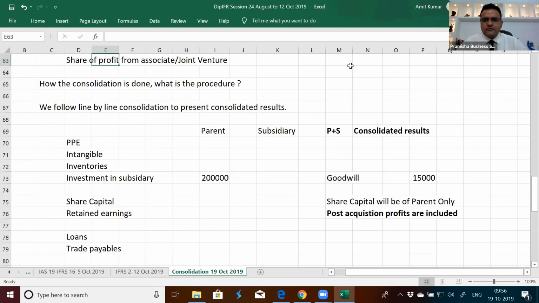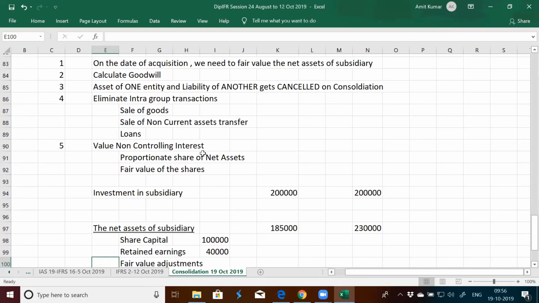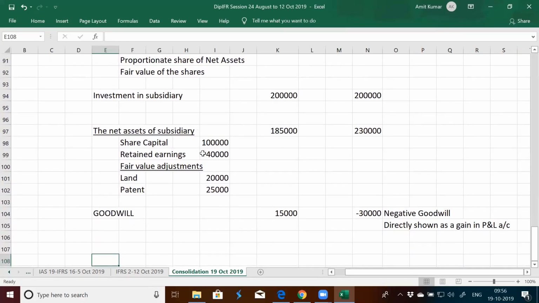Any questions till now? Anyone? Yeah, Amit asks: if the subsidiary has given a loan to a joint venture where the parent company is involved, how would we treat that?